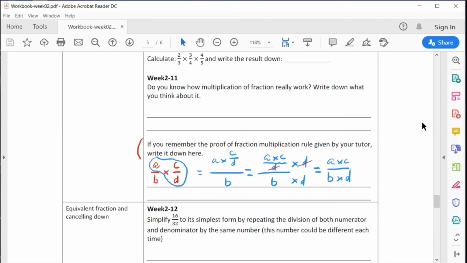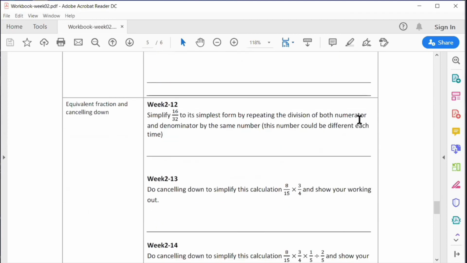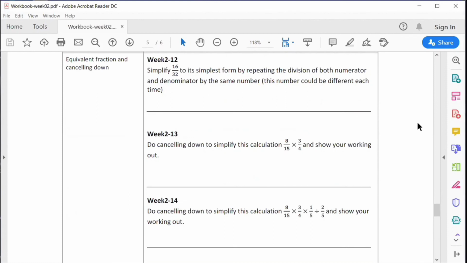Now, all right. So the next question, number 12. It's half. Simplify to simplest form by repeating the division of both numerator and denominator by the same number. So you divide by 2. That's what you do.